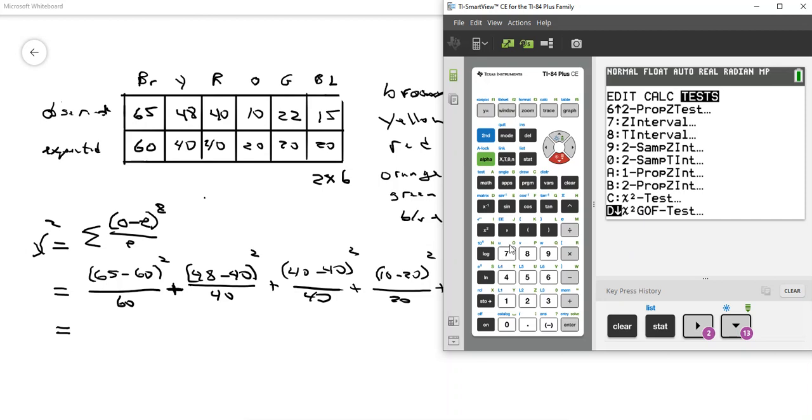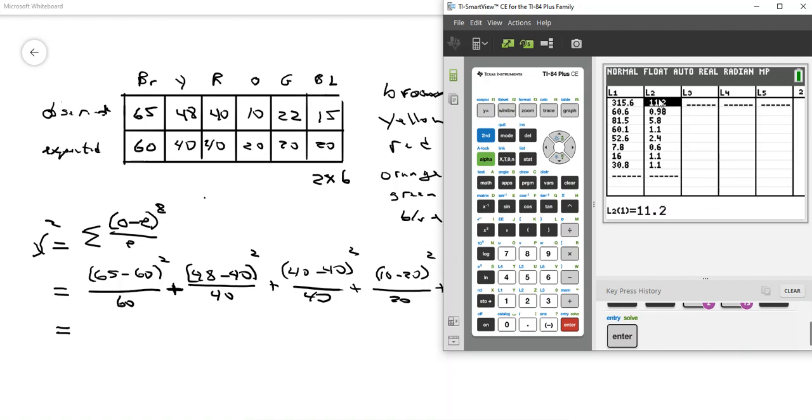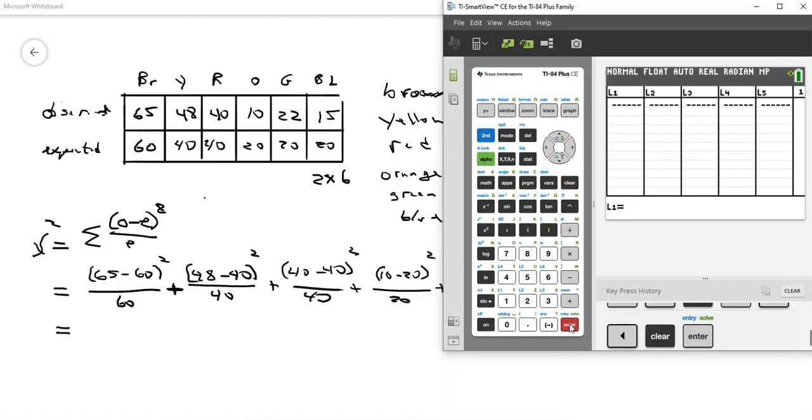So this calculator has that goodness of fit test. What I need to do is go into Stat, Edit. Let's clear these lists. Clear, Enter. The observed goes in L1.